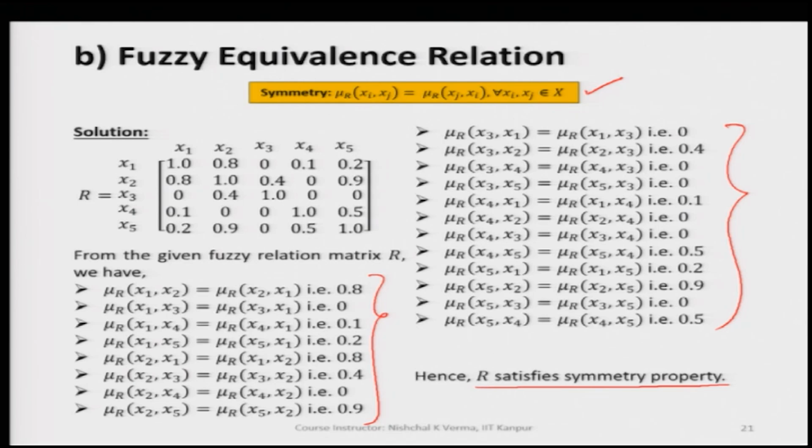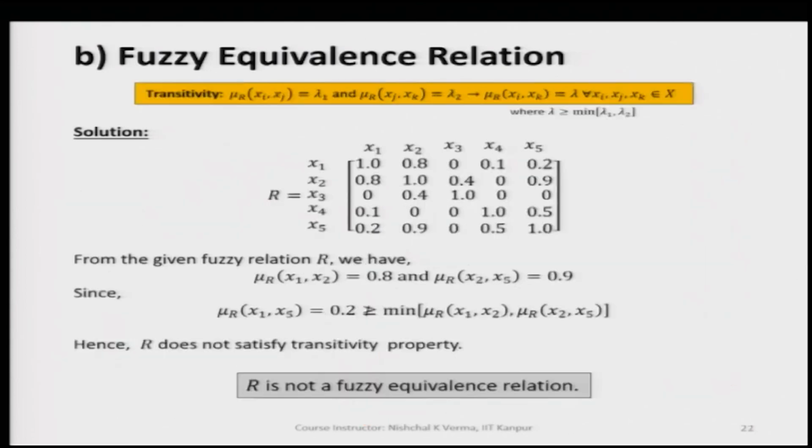So, so far we have checked for two properties, the first one is reflexivity and the second one is symmetry. So, at this juncture we can say that the fuzzy relation matrix R is a fuzzy tolerance relation.